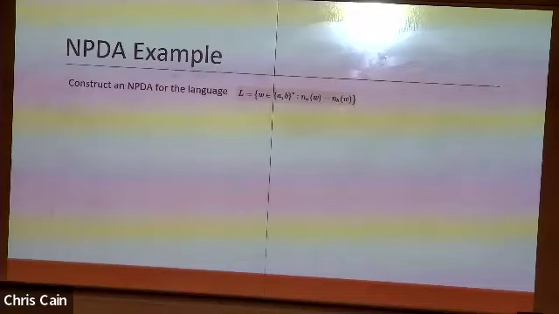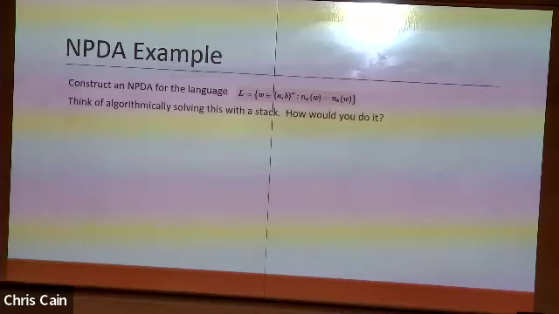But thinking about using a stack, how would you algorithmically use a stack for this problem? It'd be easy if you were recognizing all strings with more A's than B's, right? Maybe. Probably not, depends on how it starts. If it starts with more B's than A's, then that would be a little bit more difficult.